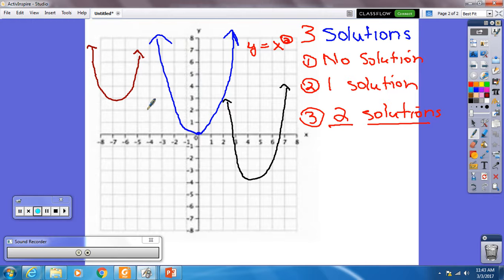It's floating up here in the middle of nowhere. It's not even coming close to our x-axis. Then we have Mom here. She's sitting her little touche right here on the x-axis at one point. Then we have this graph right here which is going below the x-axis. And how many times is it crossing over the x-axis? Well, it's 2. I have a 1 here, and I have 1 there.